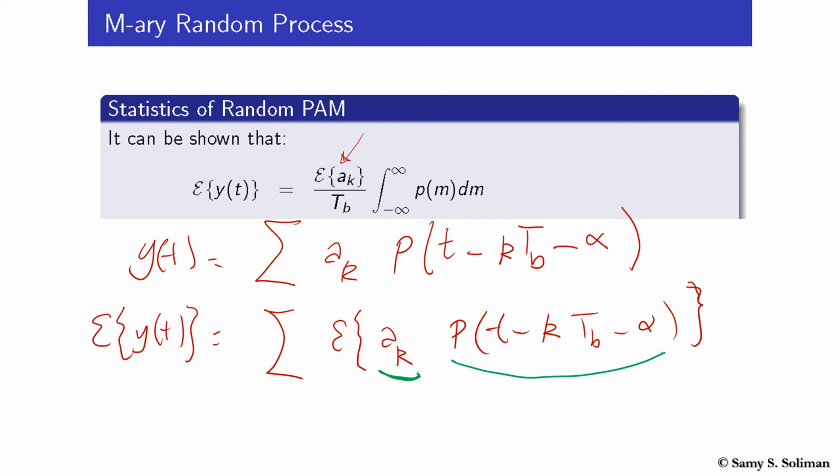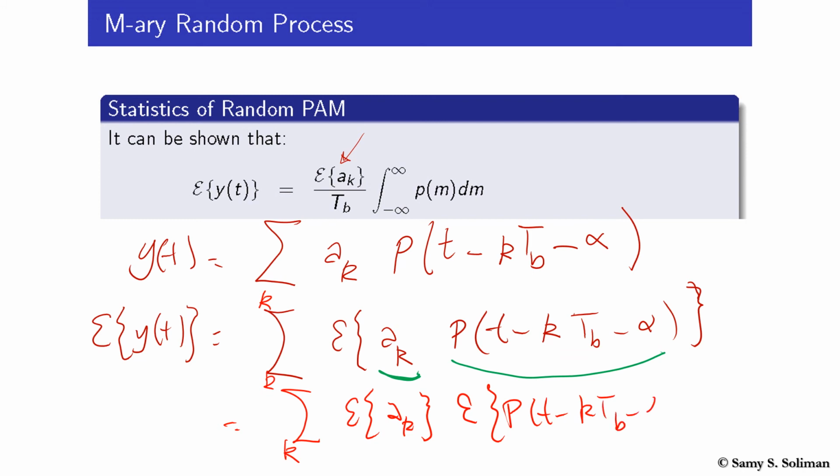So we have the summation over k, for all the successive bits, of the expected value of A_k times the expected value of p(t minus kT_b minus alpha).